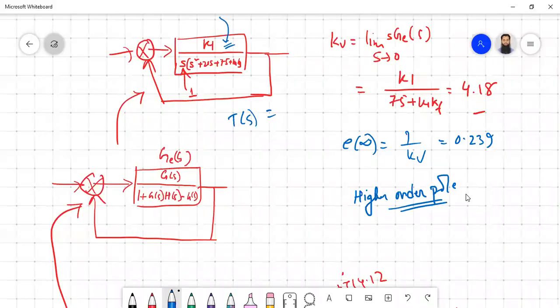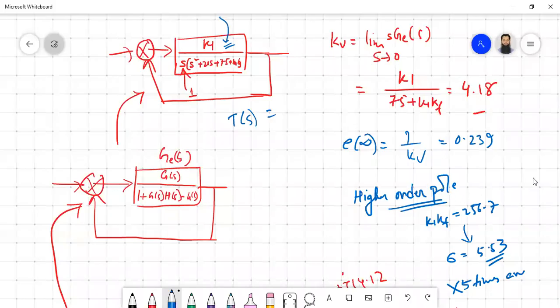So you're going to see that for that particular value of gain, K1 KF equal to 256.7, our pole is at location sigma equal to minus 5.53, which is not 5 times away from our dominant second order pole.